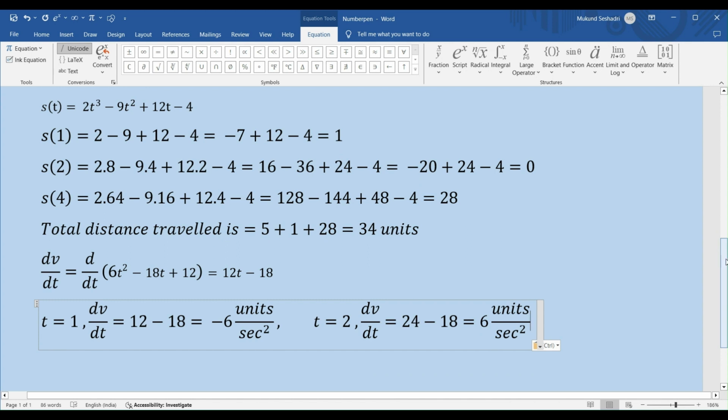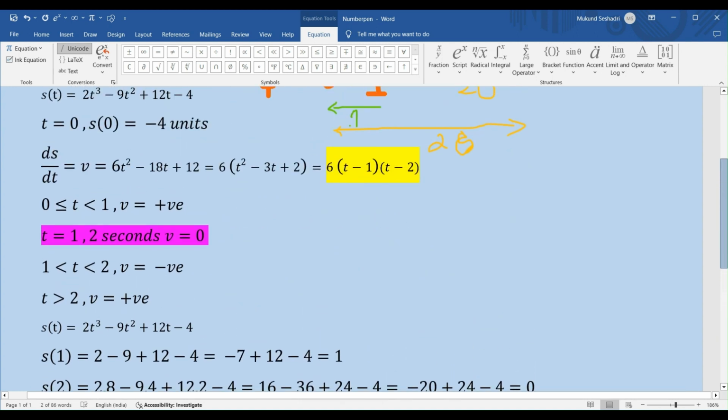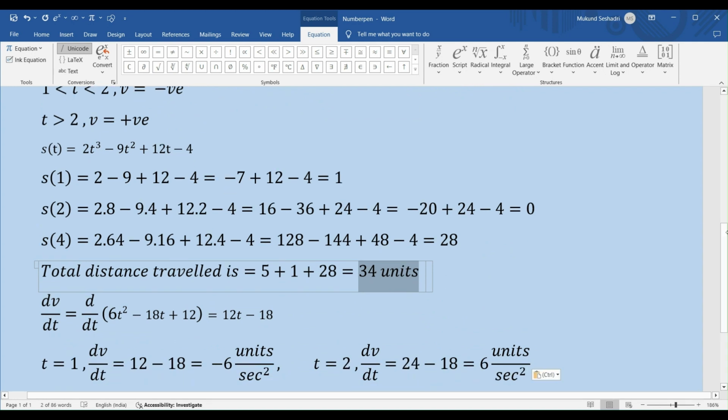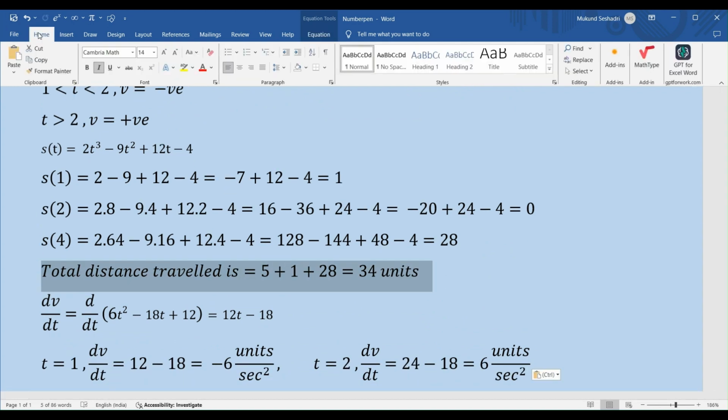So there we are. Let me highlight the final answer for each of the questions. Come to question 1. We've been asked to find which are the two instances where your velocity becomes 0, which we have already highlighted, t equals 1 and 2 seconds. And then I come to the next part of the question, what is the total distance traveled, which is 34.